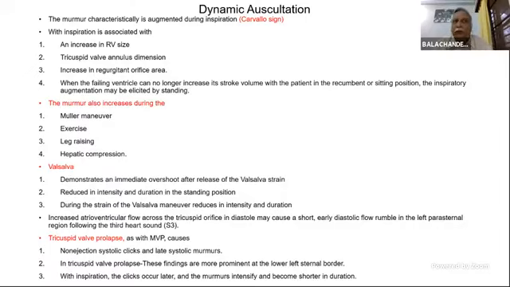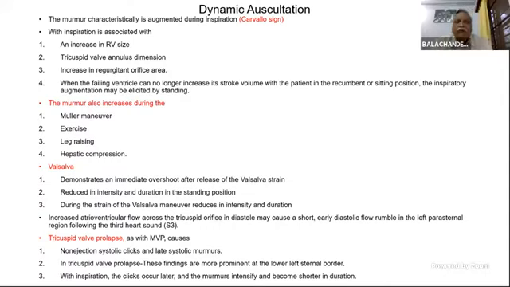We don't do much of Muller's maneuver, but exercise can increase it, and leg raising, which is perhaps a forgotten art of dynamic auscultation. You can do leg raising in many cases, like in HOCM also you can do leg raising, and hepatic compression. So this is the increase of the murmur with dynamic auscultation.